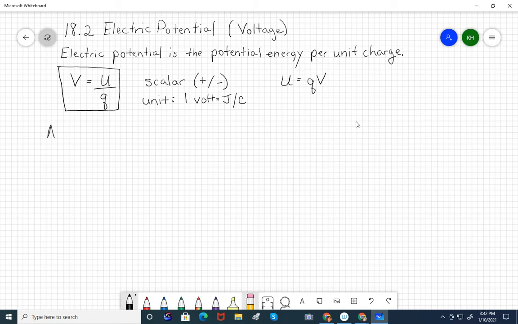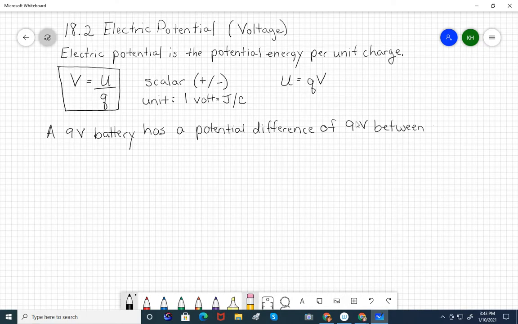A 9-volt battery has a potential difference of 9 volts between its terminals.